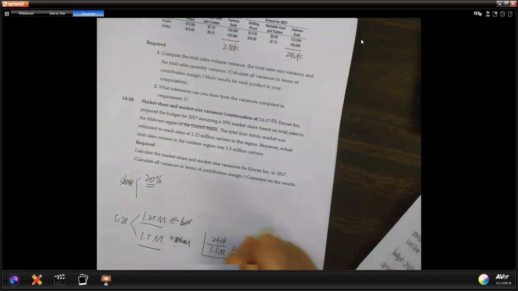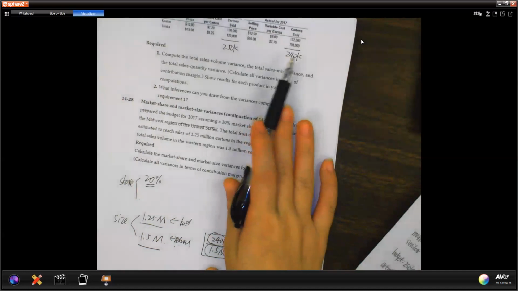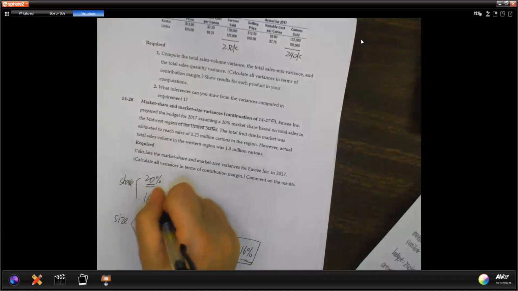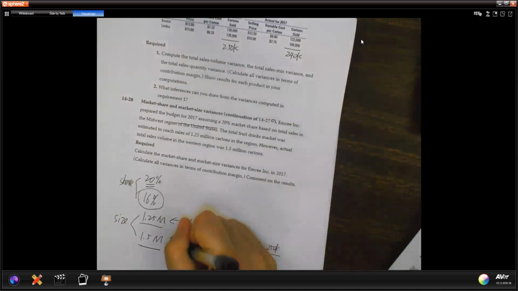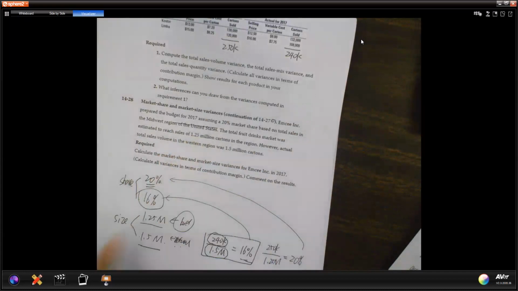That is how you link your company with the market. Your company actual divided by the market actual gives you your actual market share. Your budget is 250,000, and the budgeted market size is 1.25 million. That gives you 20%, which is your budgeted market share.